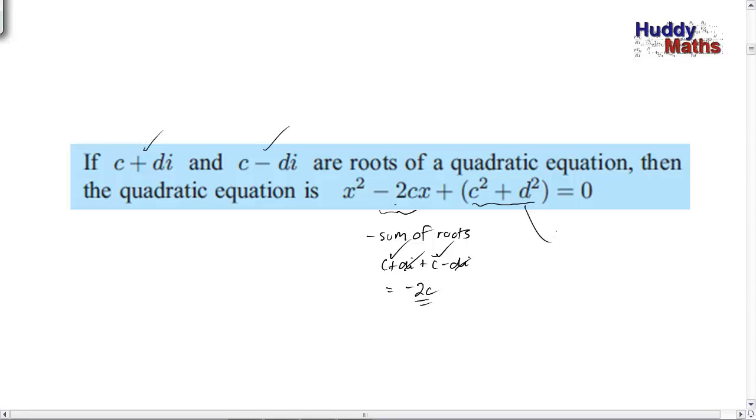And remember, in the structure of a quadratic equation, the constant is the product of the roots. We proved this in an earlier presentation. And the product of the roots here with a conjugate pair is c plus di by c take di, which is c squared take d squared i squared, or c squared plus d squared, as i squared is negative 1.